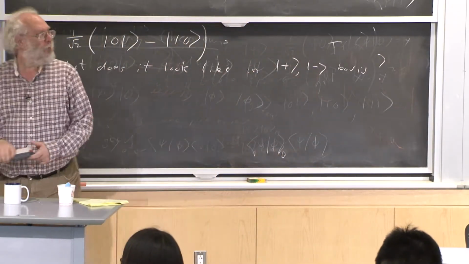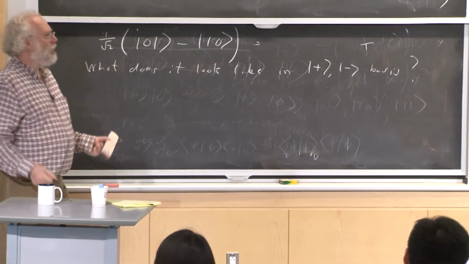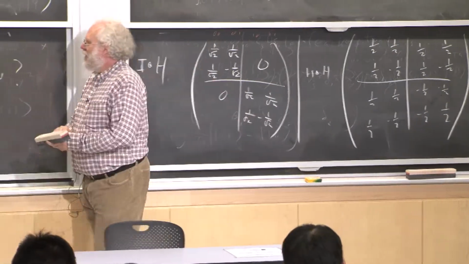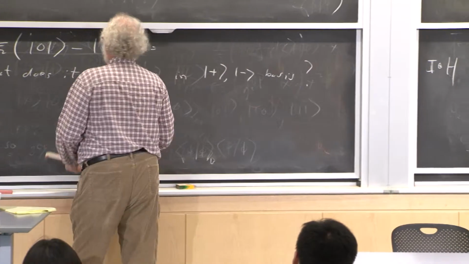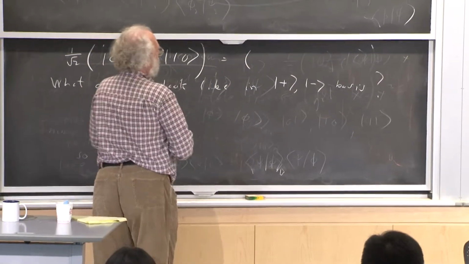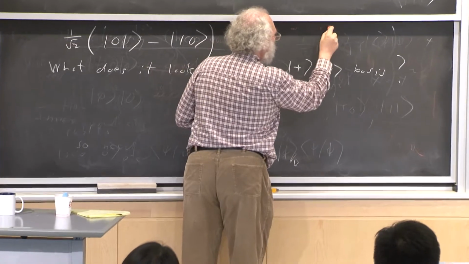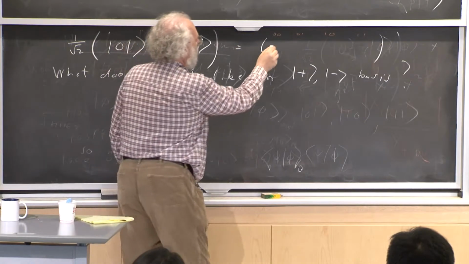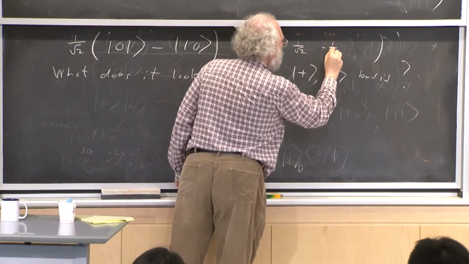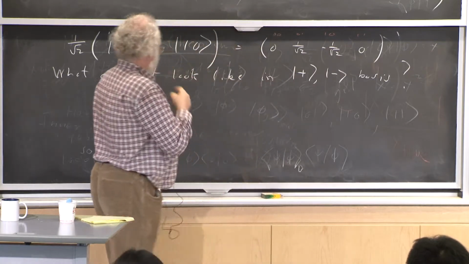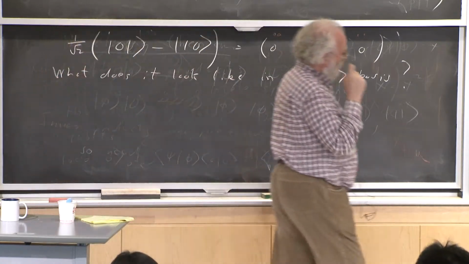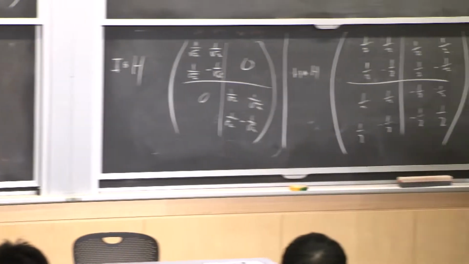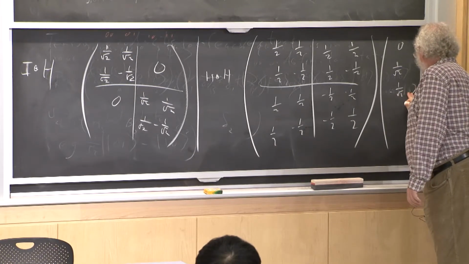Well, what we can do is write this as a vector and then use this H tensor H transformation that we did. Writing it as a vector, in the basis 0,0, 0,1, 1,0, 1,1, it is 0, 1 over root 2, minus 1 over root 2, 0.